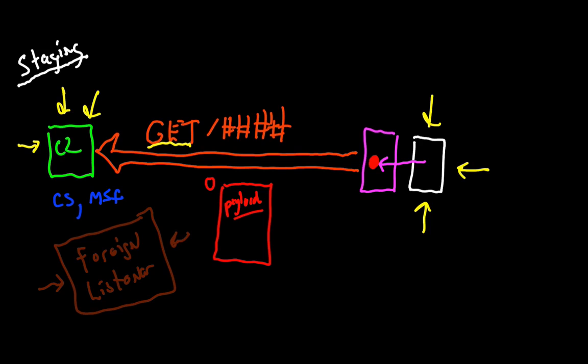But because there is a predictable way to download a Cobalt Strike payload, it also creates a big OPSEC concern as well. We're going to talk about that in the next lecture when we talk about team server OPSEC. So that's what I want you to know about staging right now.